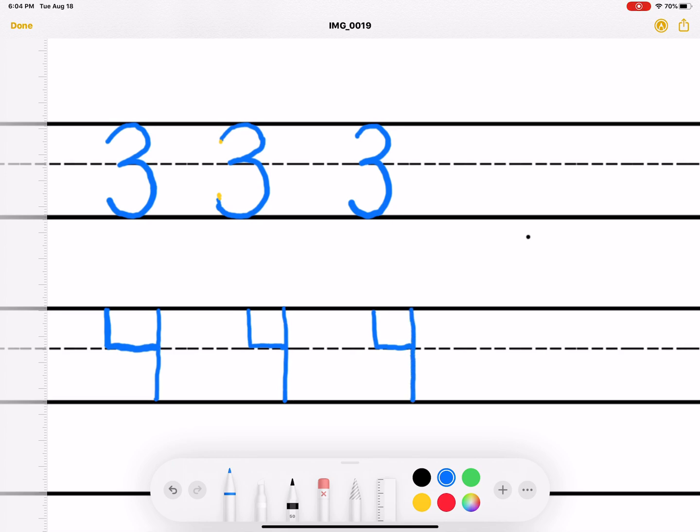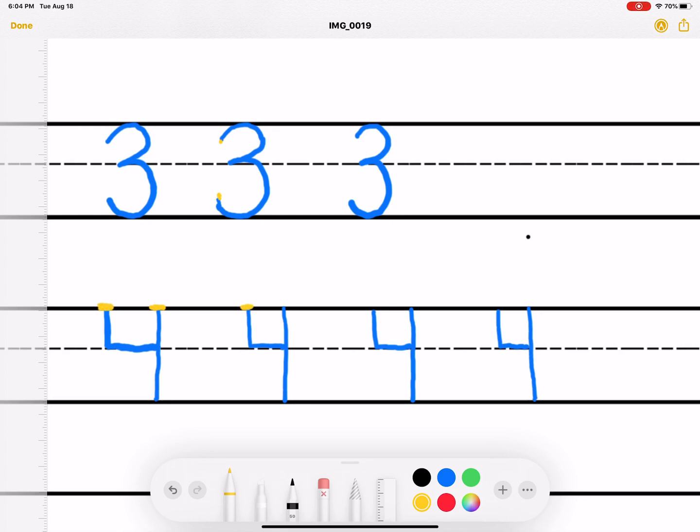Okay. We have like the letter L, like a capital L that fits inside between the top line and the dotted line. And then we go from top to bottom. So practice some number 4s, and as always, make sure there's space between the numbers and they touch the top line, every single one of them.